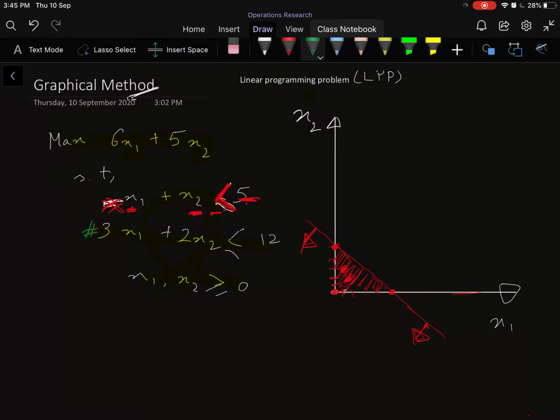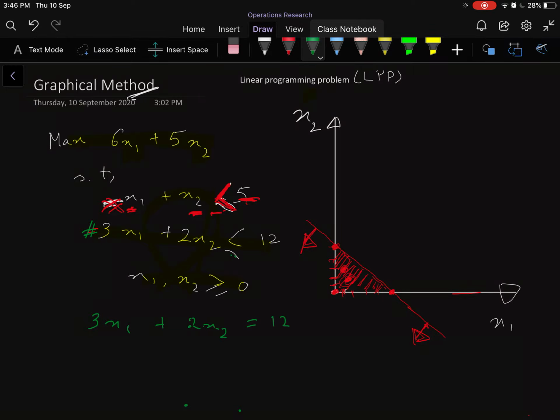See, in this constraint we are having thrice x1 plus twice x2 less than or equal to 12, and out of that the condition that we are considering right now is thrice x1 plus twice x2 equal to 12.